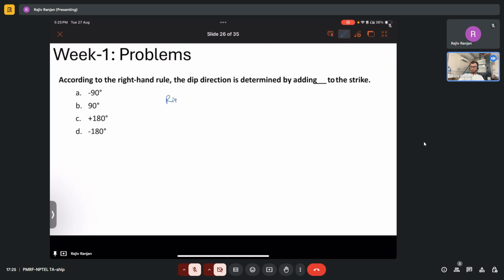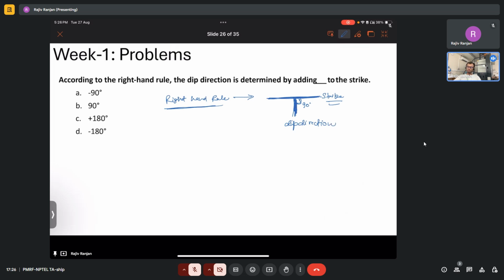The right hand rule tells us the dip direction is at 90 degrees to the strike, and this is the dip direction.